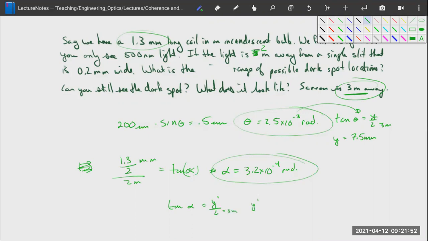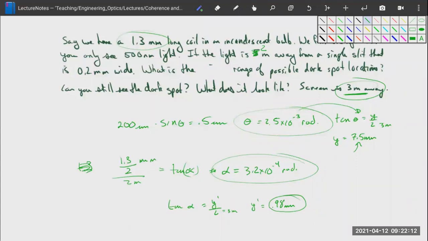We get y prime is equal to 0.98 millimeters. So we have two dark spots. Well, actually, we have a whole bunch of dark spots, and they all occur within the range of 0.98 millimeters around a center of 7.5 millimeters.